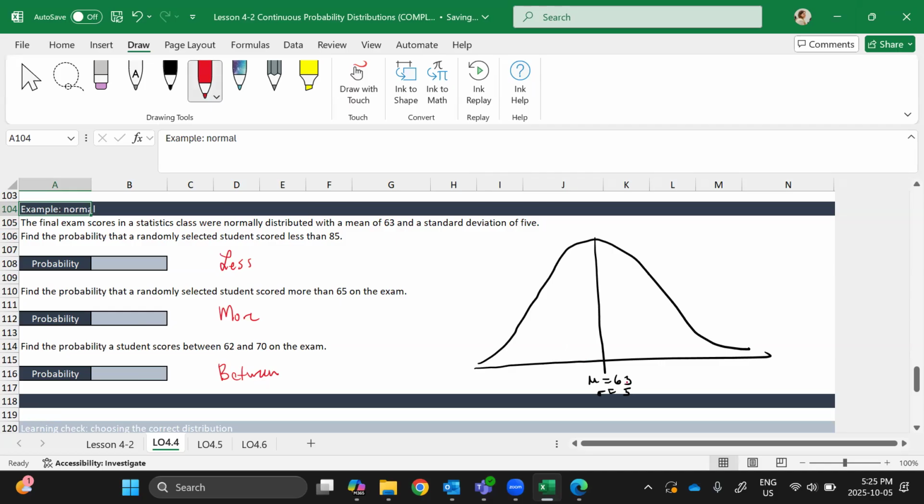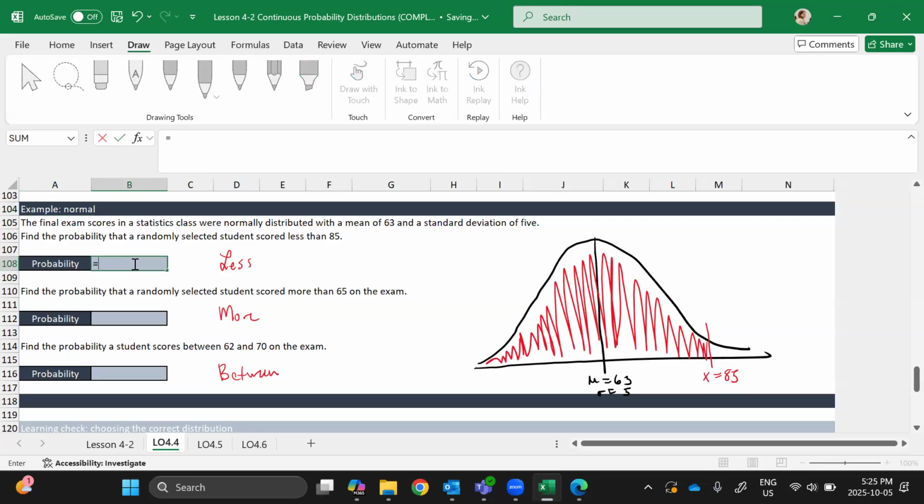So if 63 is in the middle, 85 is bigger than 63, so it might be somewhere over here, 85. If we want the probability they score less than that, it'd be everything under the curve. Since probability is equal to area under the curve, they're the same thing. Less than 85 is somewhere in there.